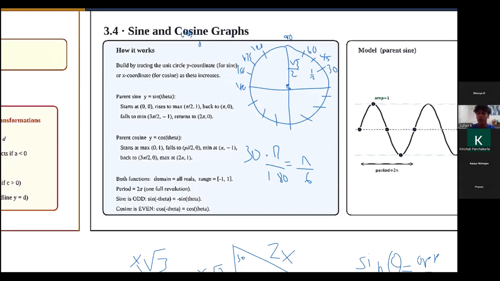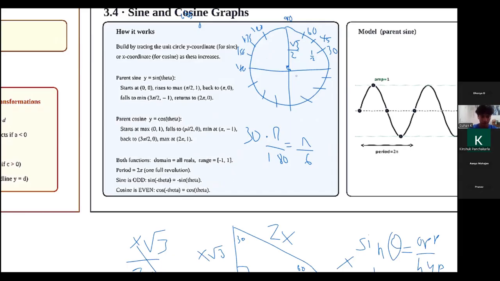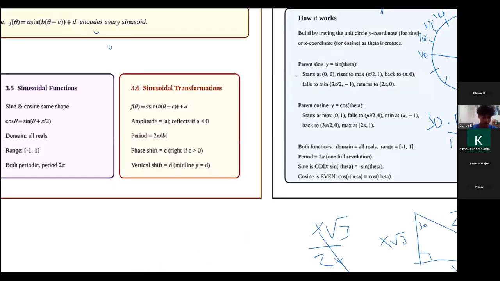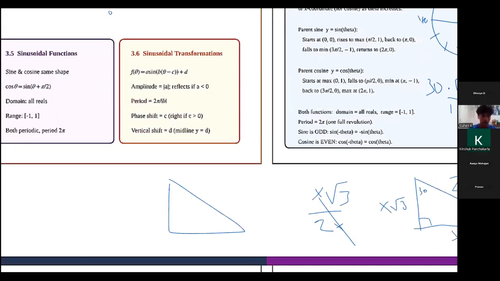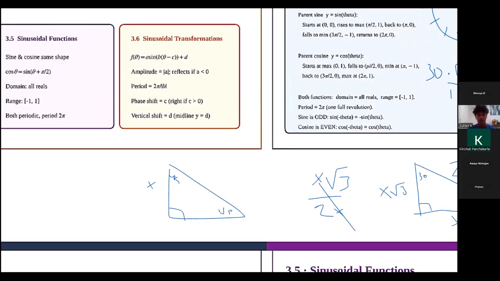For 45 degrees, we're going to look at the 45, 45, 90 triangle. If you remember the ratio for this, one side is x and the other side is x, both sides are x because it's isosceles, and the hypotenuse is x times root 2.